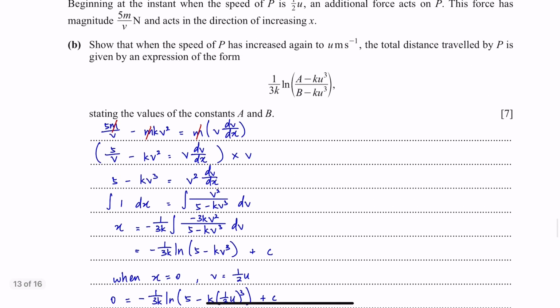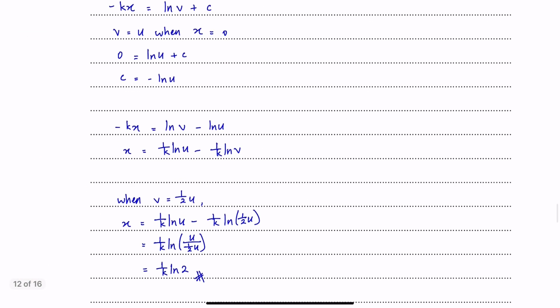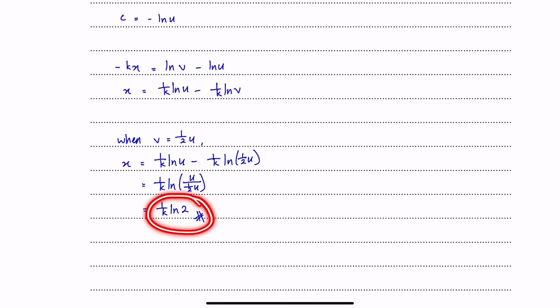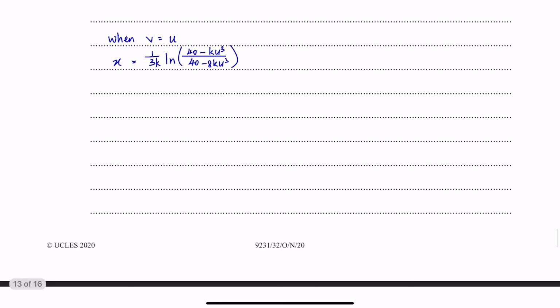But the question wants the total distance traveled by p, right? So now we have to add this and this together. We need the total distance traveled on the first part and the second part.